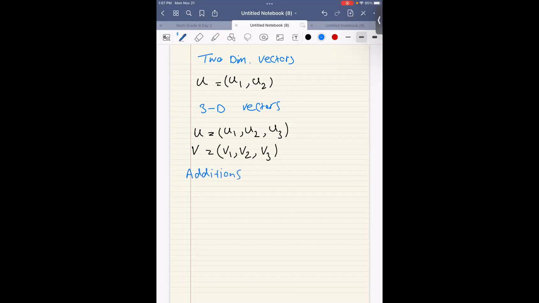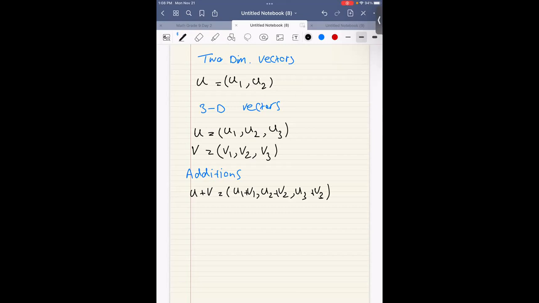We do it component-wise, which means we add the corresponding components. So u plus v equals u1 plus v1, u2 plus v2, and u3 plus v3.